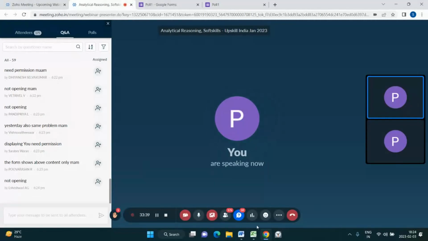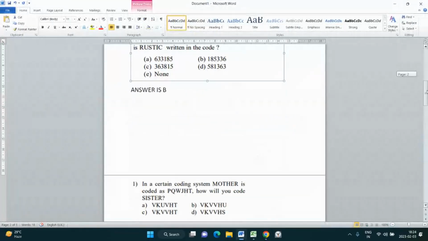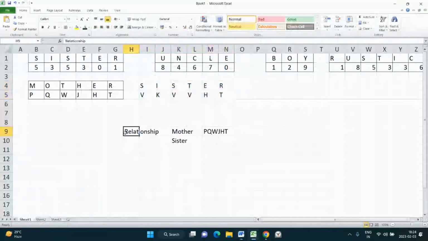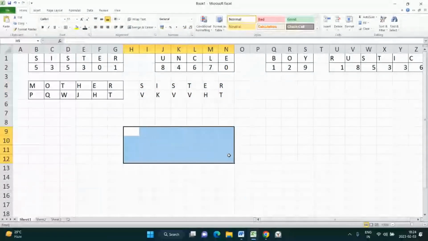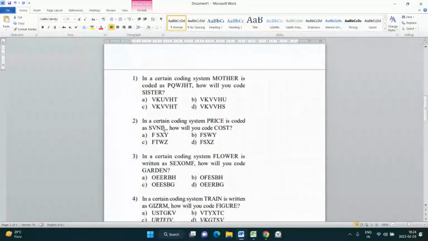Okay, we will continue with our session now. Next one, let us try this. In a certain coding system, price is coded as SVNIL. I want you to put it on the chat how you should code cost.